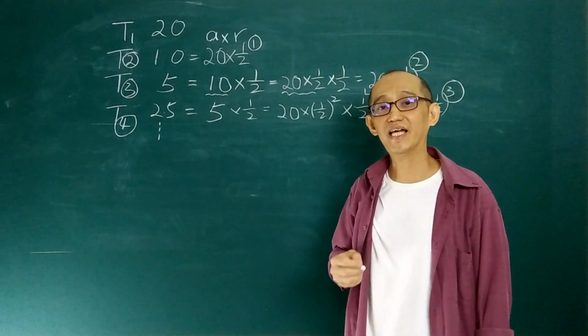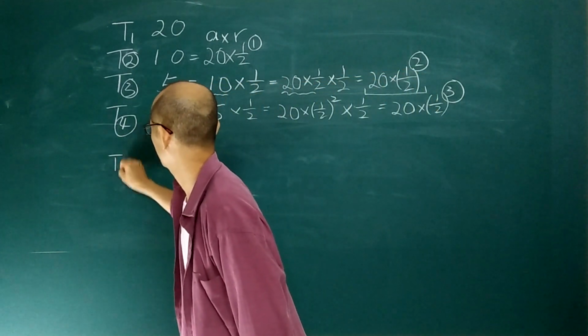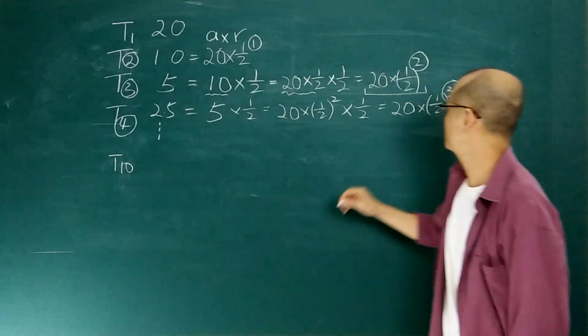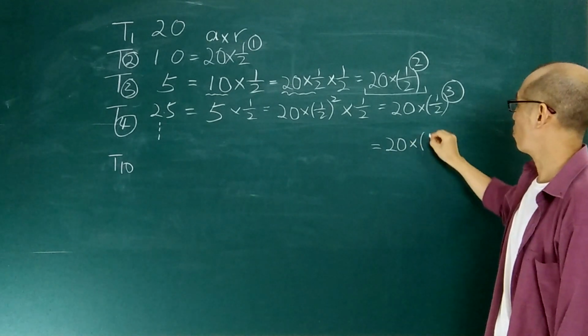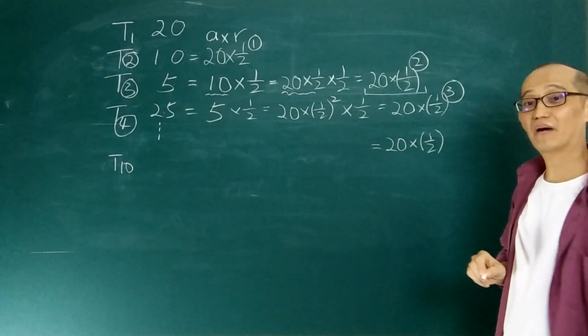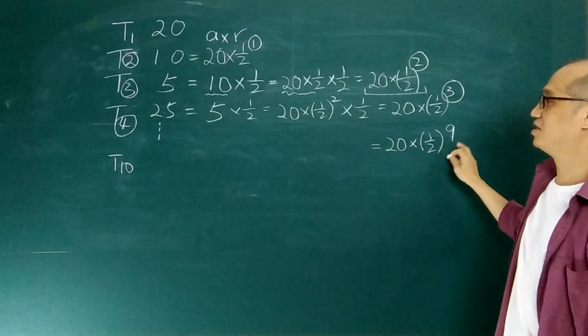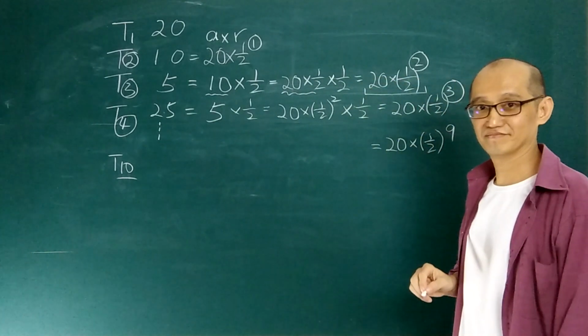So, if we want to find the 10th term, T10, what is T10? T10 is going to be 20 times 1 over 2 to the power of 9. This number is 1 less than 10.